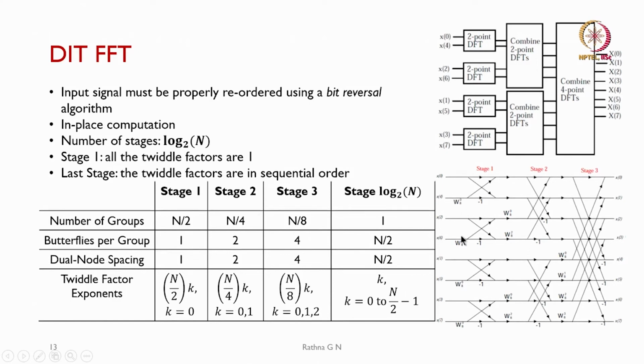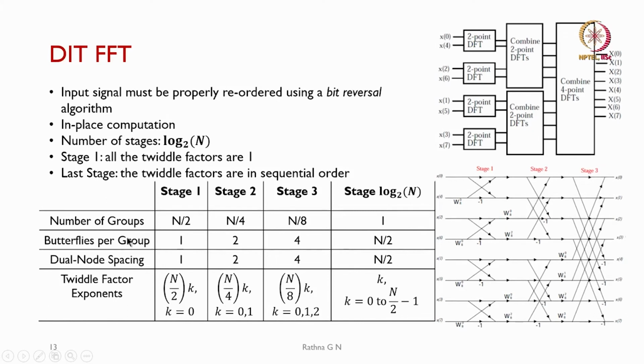You will see 1, 2, 3, 4 groups in this case. In the next stage I am going to have n by 4, which is nothing but 2 in this case. You will see this is one group, this is the other group, and in the last stage we will have one group, so 8 by 8 is 1. So you have only one group in stage 3.